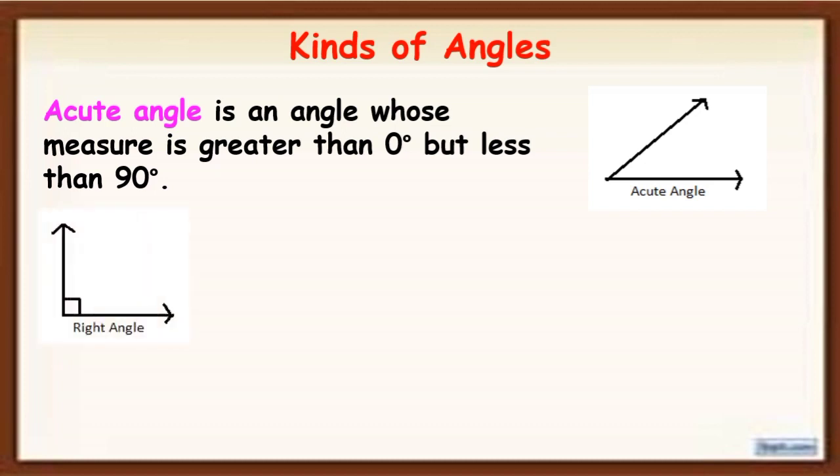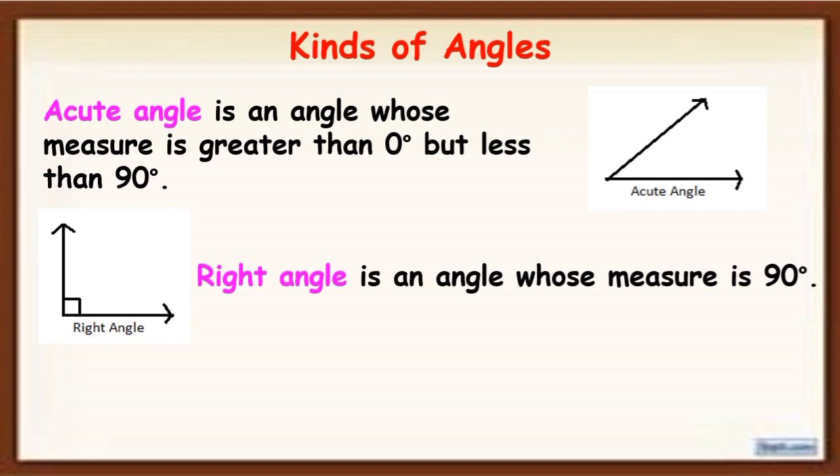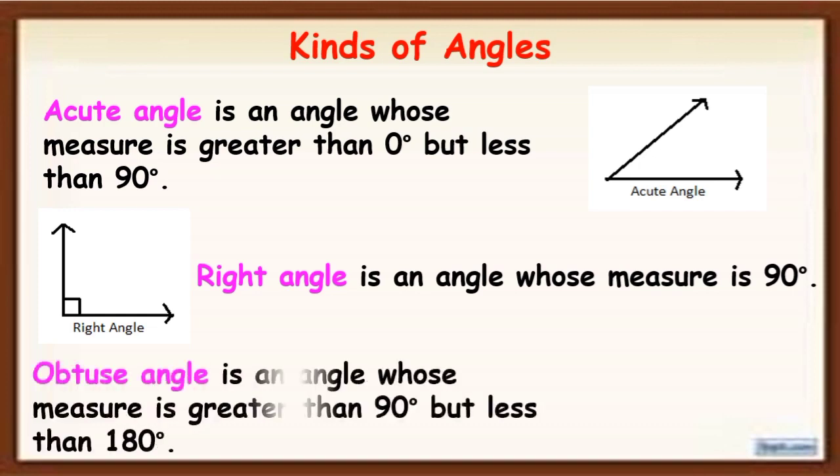When we say right angle, it is an angle whose measure is 90 degrees. So, tandaan lagi na kapag sinabi natin right angle, yung sukat niyan, yung measure ng angle na yon is exactly 90 degrees. And the next angle is obtuse angle. When we say obtuse angle, it is an angle whose measure is greater than 90 but less than 180. So, this one is an example of obtuse angle.